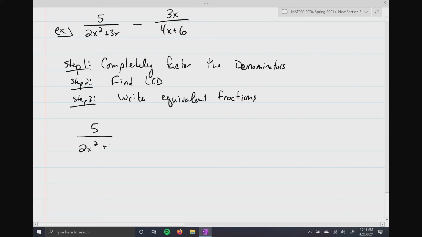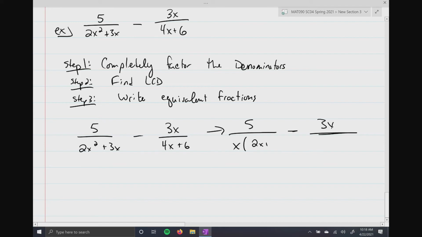I'm going to write it nice and neat. Now I'm going to factor both denominators. So the first one, GCF, looks like an x. All right, and that's completely factored there. Second fraction, I can factor 2.